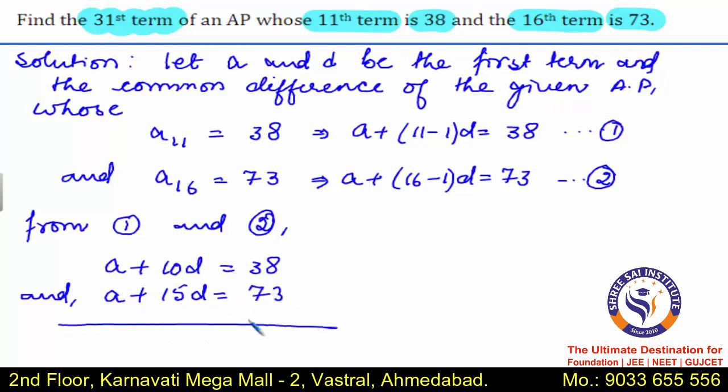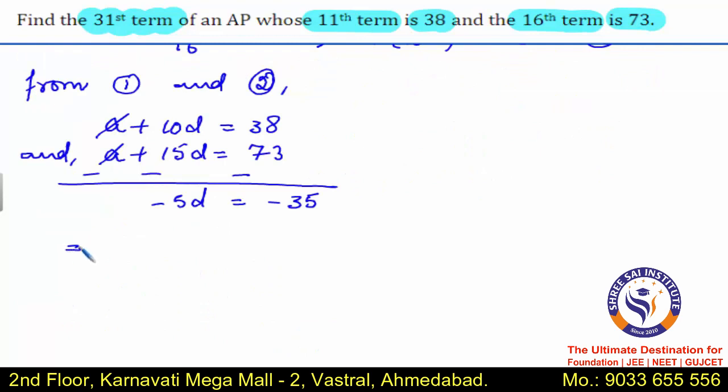Now, on subtracting the second equation from the first one, we have minus 5D on the left hand side and minus 35 on the right hand side. This further implies that D is equal to minus 35 divided by minus 5, and this on simplifying comes equal to 7. This implies that D is equal to 7.